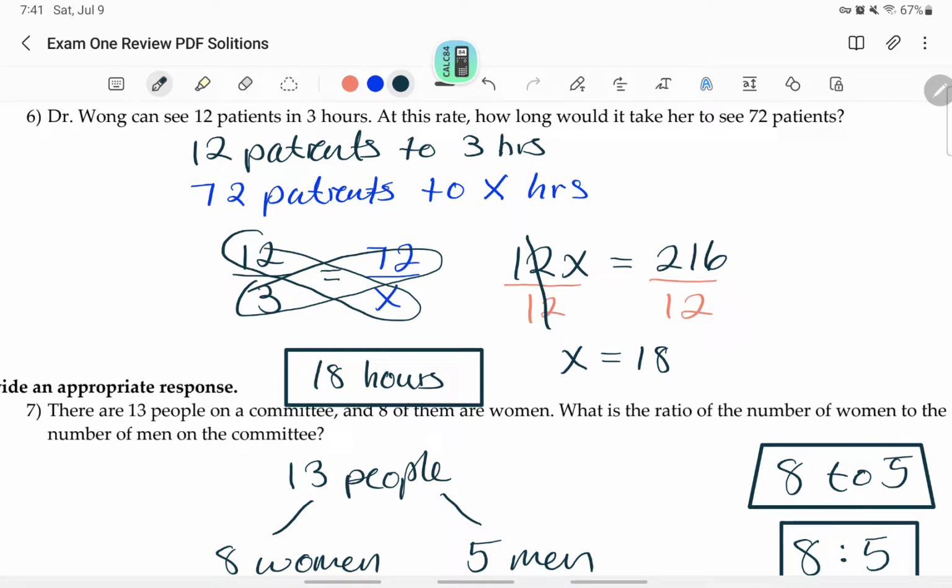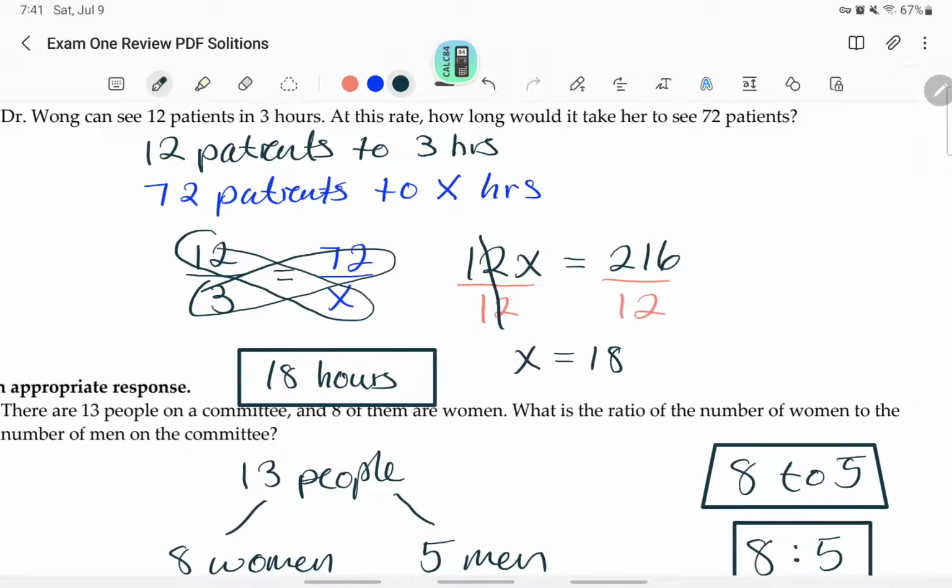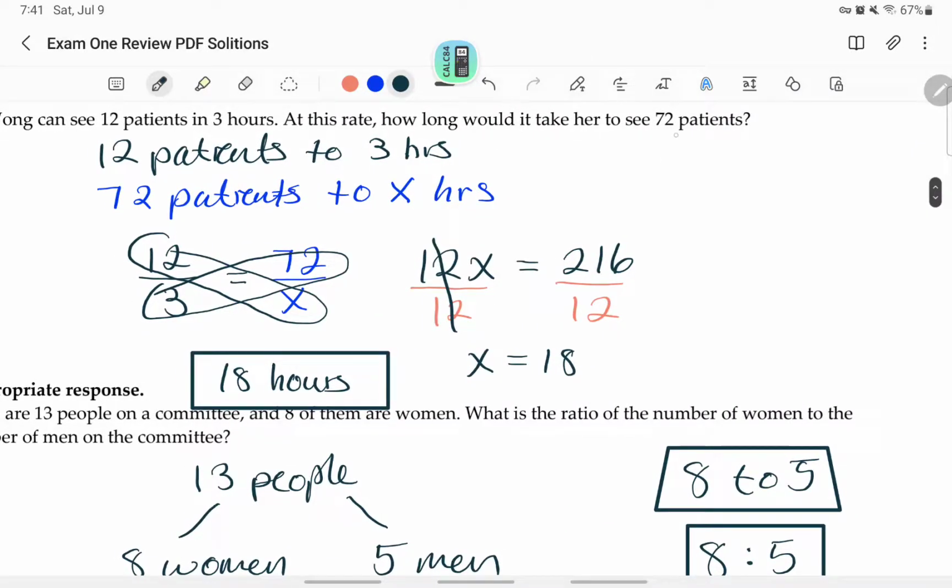Now, there's another way that we could have done this as well. You see how my patients line up with each other and my hours line up with each other? Well, I can write my ratio as the following. Just an alternative way to get the same answer. But I want the bigger number on top. I'm going to put the blue terms on top. This can be the ratio of 72 over 12 equals, but keep the pattern the same, x over 3.